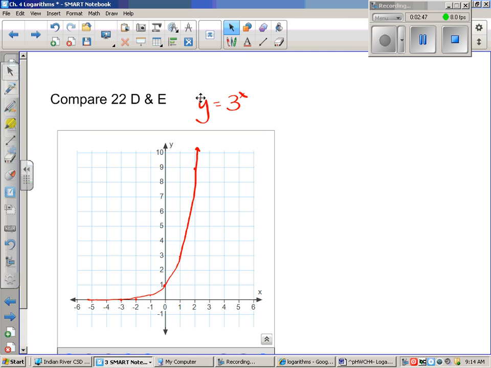Now, once again, we can tell from our graph that 3 to what power equals 9. To answer that, you can look at 9 and pan right down and say, okay, that is 2, and that's easily identifiable by the graph. If you look at 10, you can see that the graph still exists. There is a value.